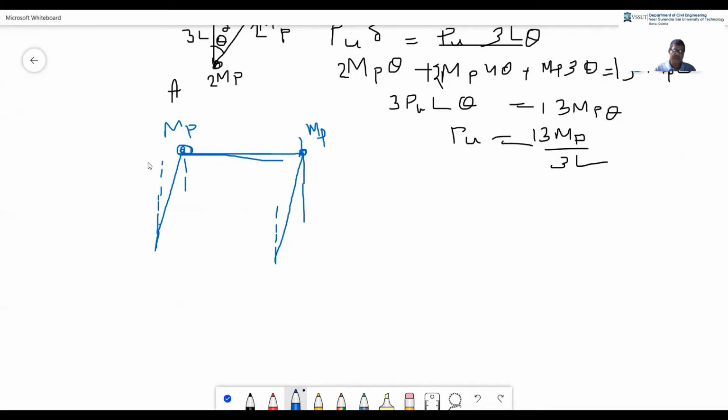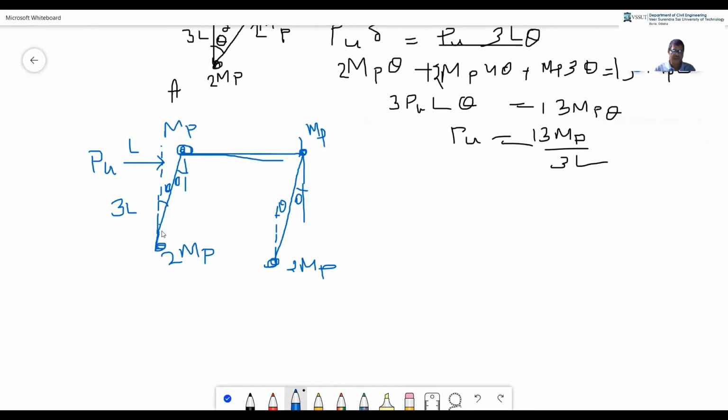And we have a force acting here, the force is equal to P. Now this angle will be theta, this angle will also be theta, this angle theta, this angle theta. And here it will be 2 MP, here also 2 MP. There will be hinges here and here.